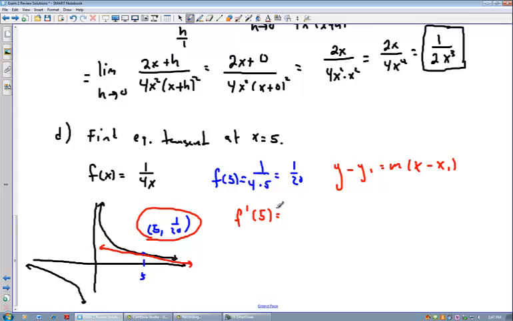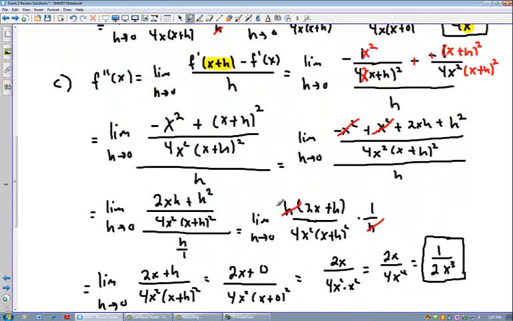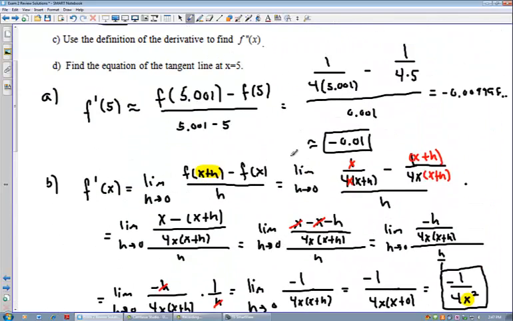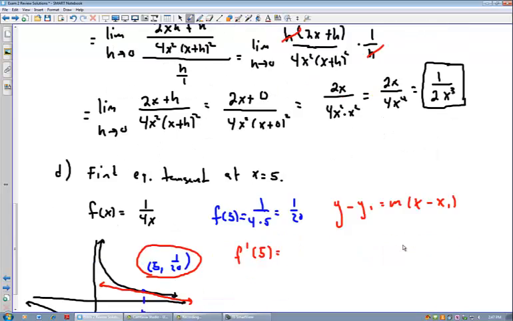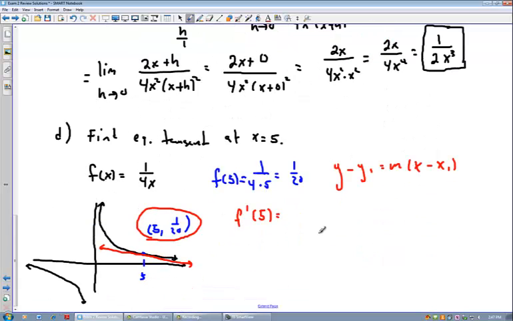And there's two ways to do this. In part A, if you go back up here, in part A, you found f prime of 5 to be negative 0.01. Or you could simply use the fact that the derivative is negative 1 over 4x squared. So we could use, if you like, the fact that we found f prime of x is equal to negative 1 over 4x squared.